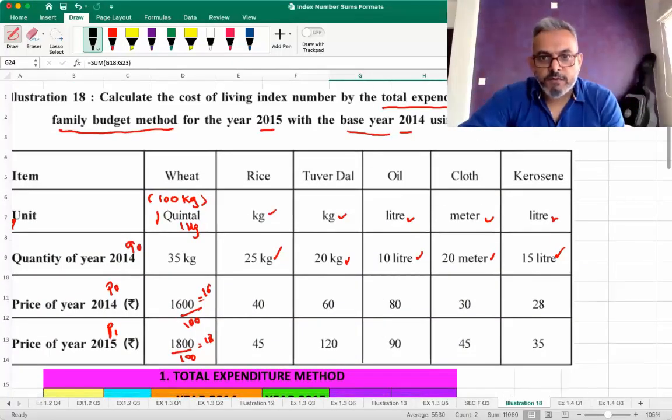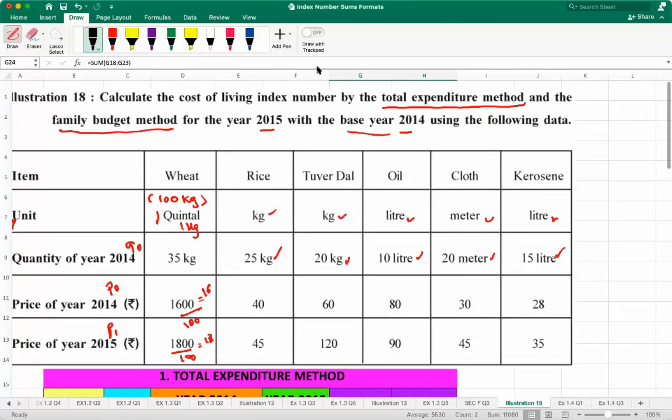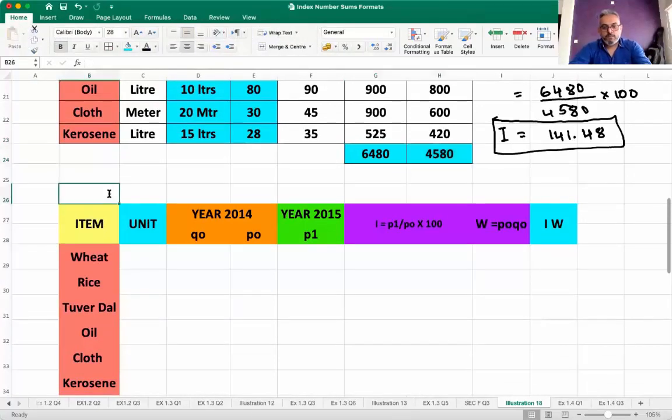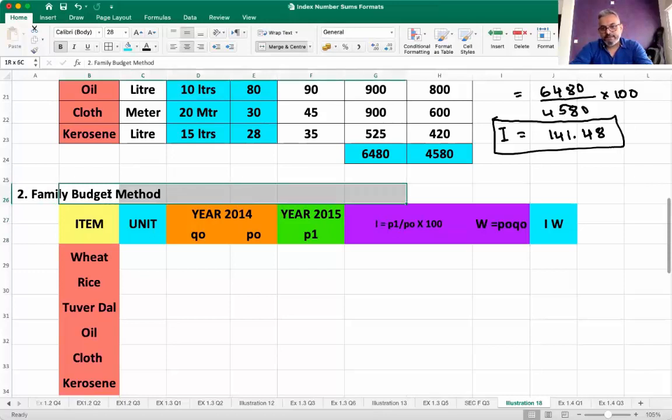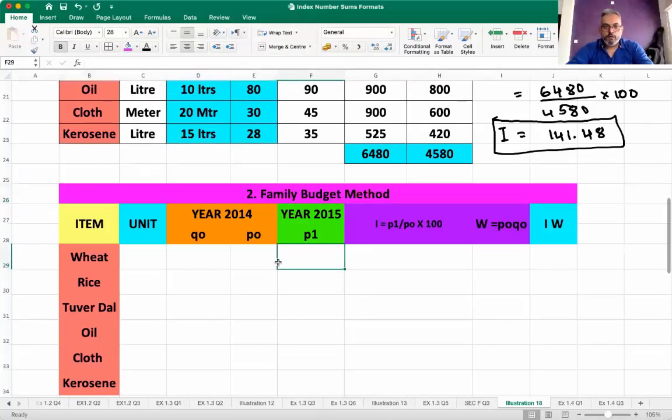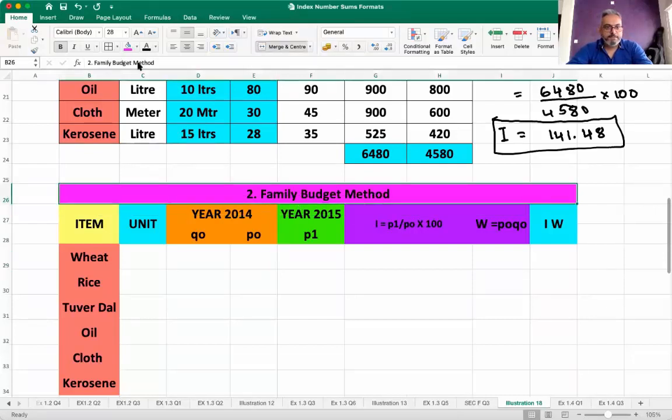Now, in this question, we have to calculate the cost of living index number by total expenditure and family budget both. So let's go to the second part of it. Write the heading family budget method. So the second method is the family budget method.